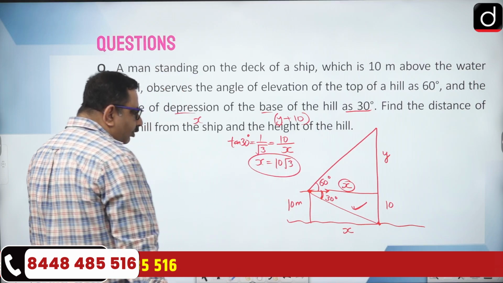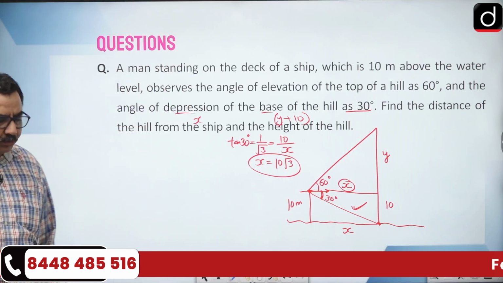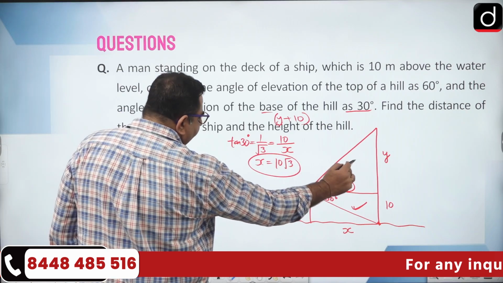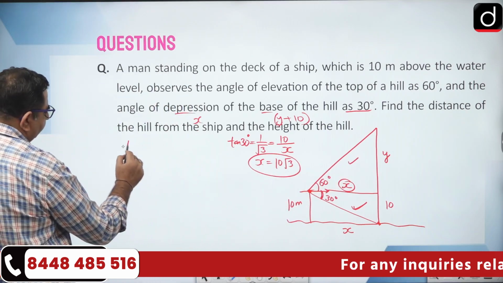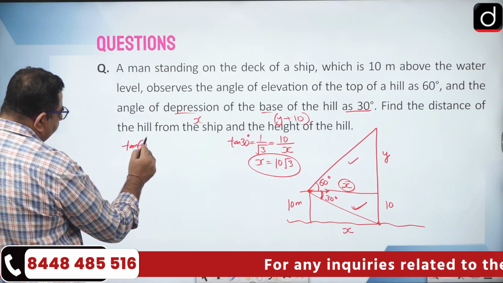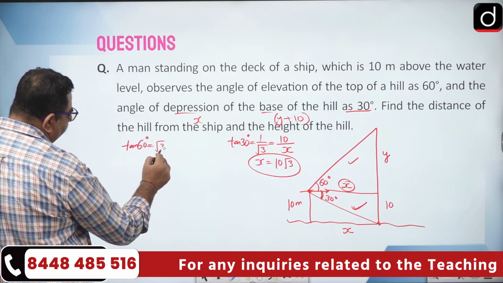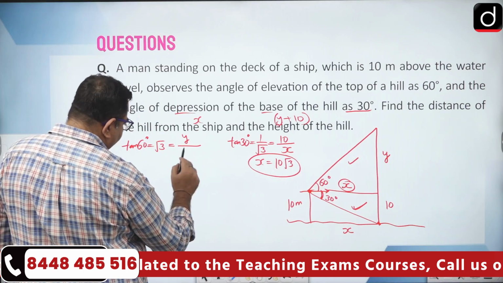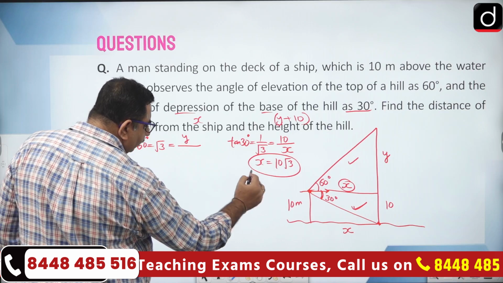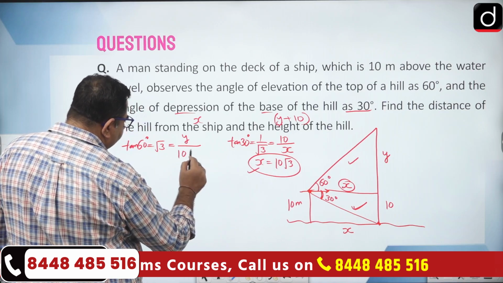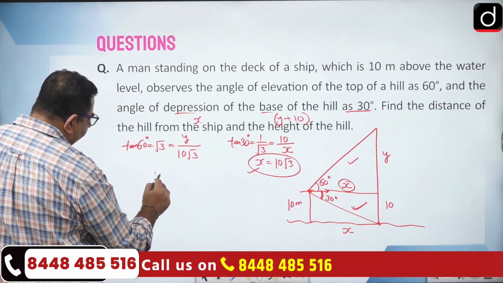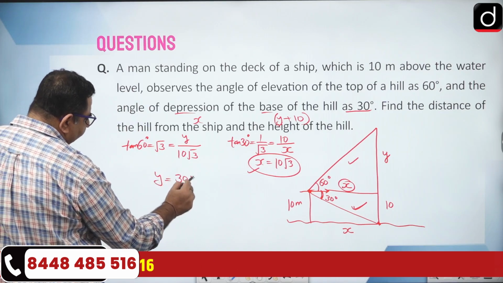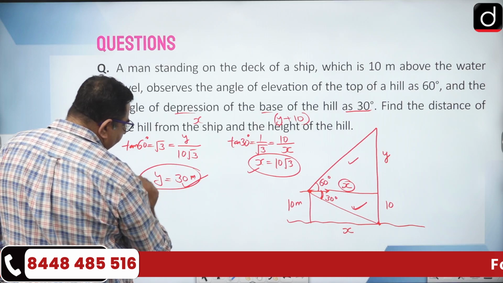So one thing, we have got the distance of the ship from the hill. Secondly, in this triangle if I apply tan 60 degrees, so tan 60 degrees is equal to root 3 is equal to height by base. Base is x, in place of x I can write 10 root 3. So y is equal to 10 root 3 into root 3, that is 30 meters, right?